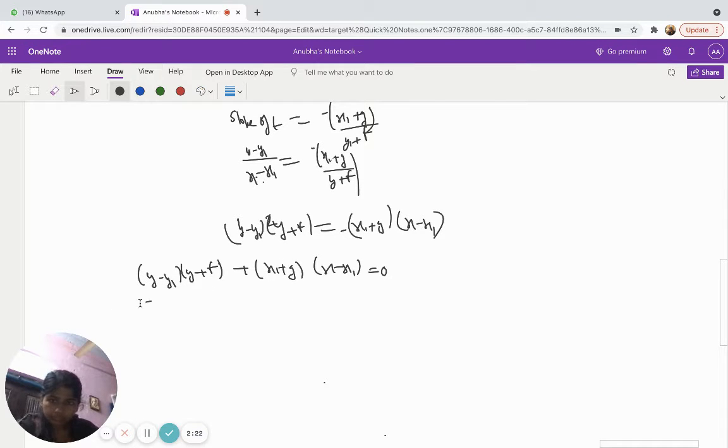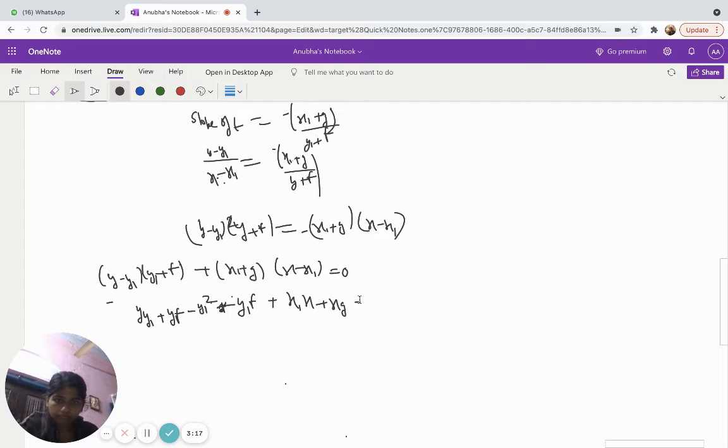Open it. So we got y y1 plus f y, minus y1 square minus y1 f, plus x x1 plus x g, minus x1 square minus x1 g.